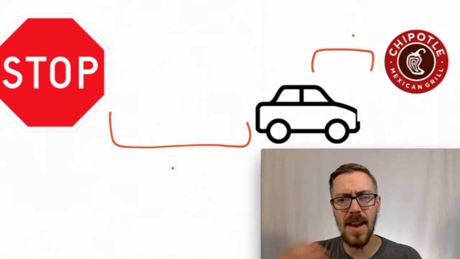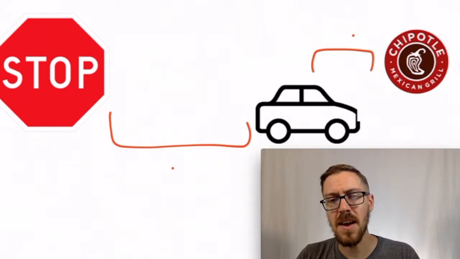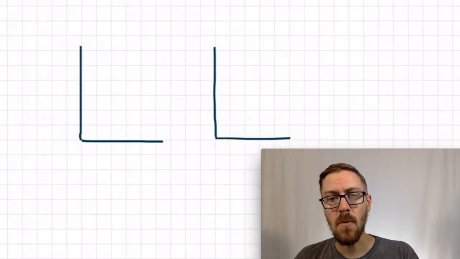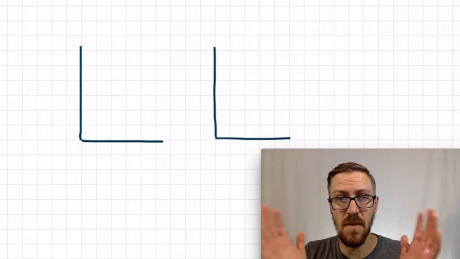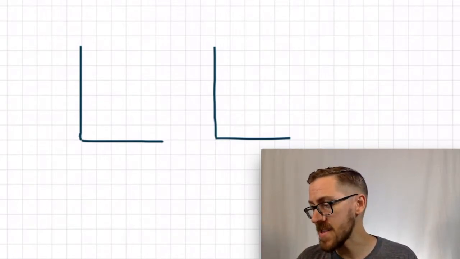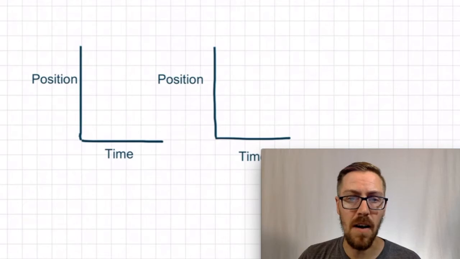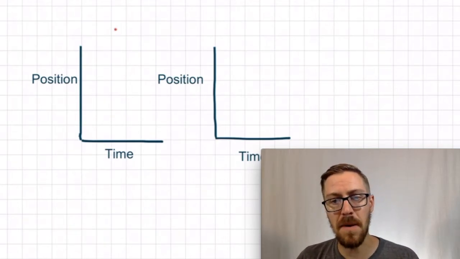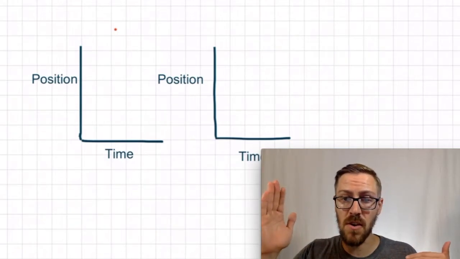And so a lot of times what we'll do is we'll put these things on a graph. And so I have a couple graphs drawn here. We'll put position, which is a measurement of how far, on the y-axis versus time on the x. So the left graph, this one right here, we'll say that's compared to the stop sign. In this case, my car is getting further away.